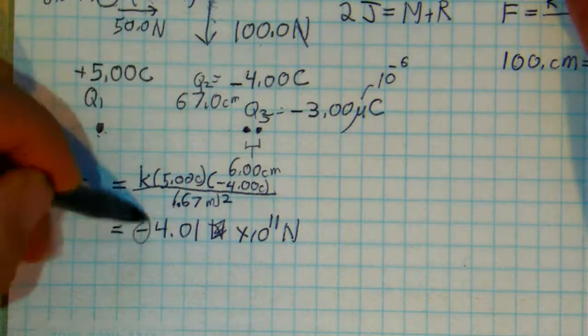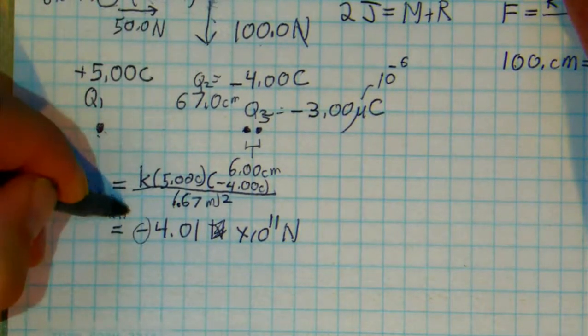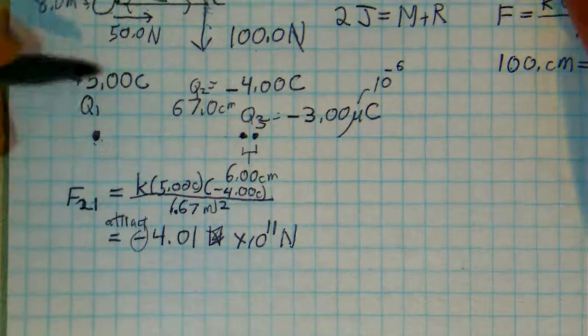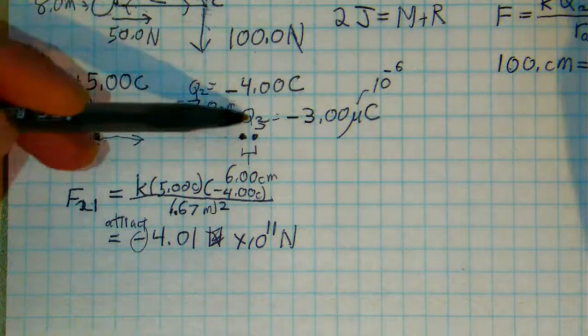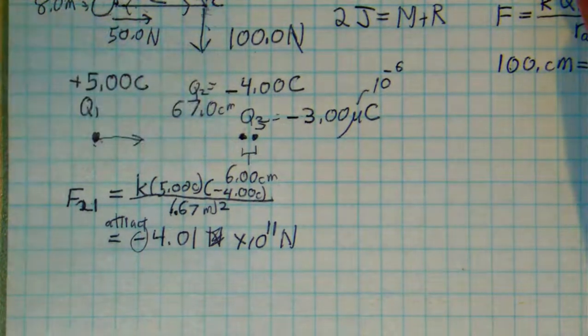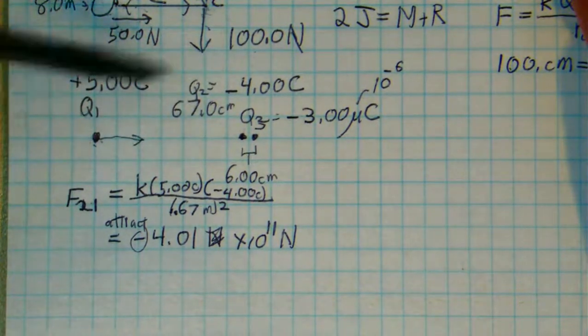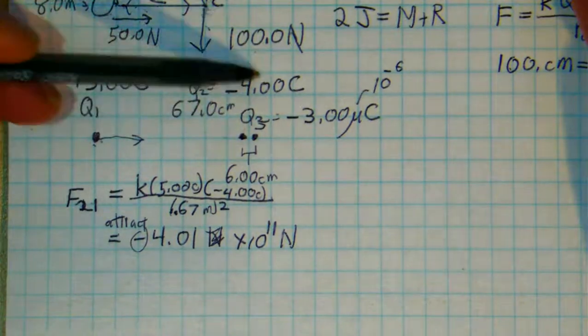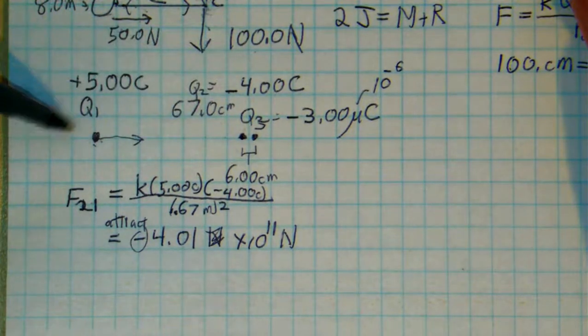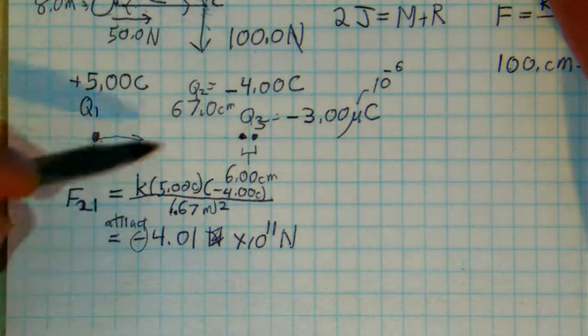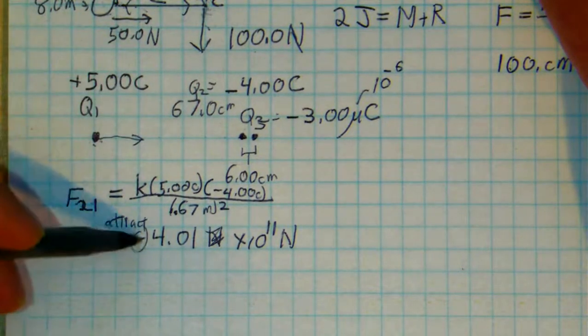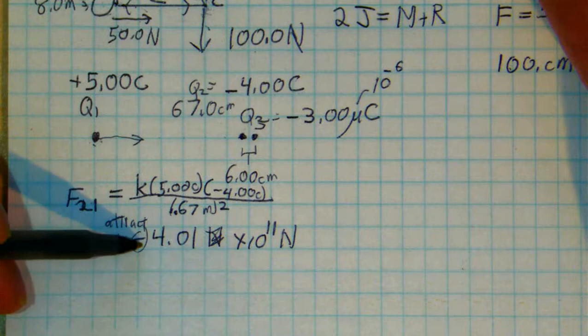The minus sign means it is attracting, and so it is pulling to the right, caused by Q2. Q1 is positive, Q2 is negative, opposites attract. So this is the force of Q2 acting on Q1.